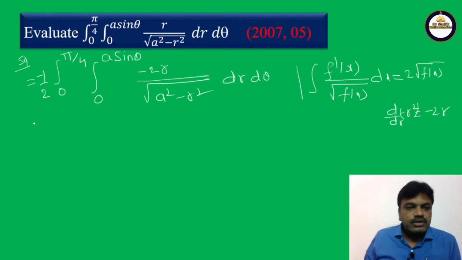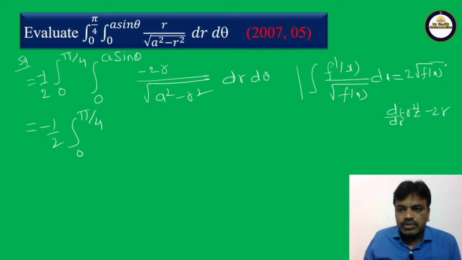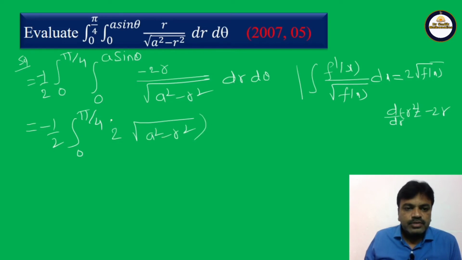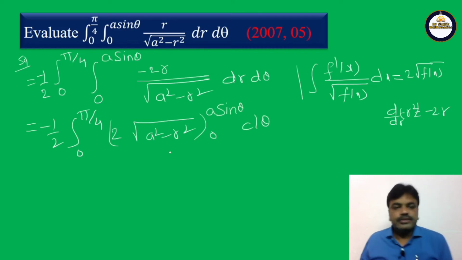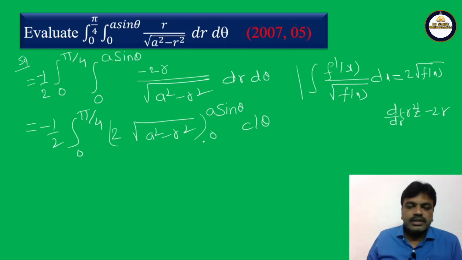So that is equal to minus 1 by 2 into integral 0 to pi by 4. Now what is the formula? 2 into square root of f of x. So 2 into under root a square minus r square between limits 0 to a sin theta into d theta. So 2 cancel here, we get minus integral 0 to pi by 4.